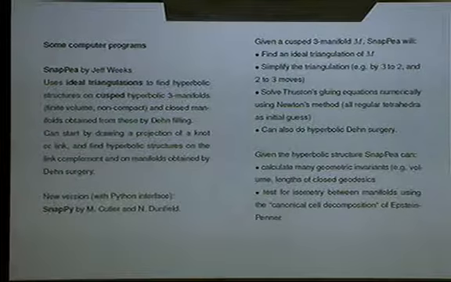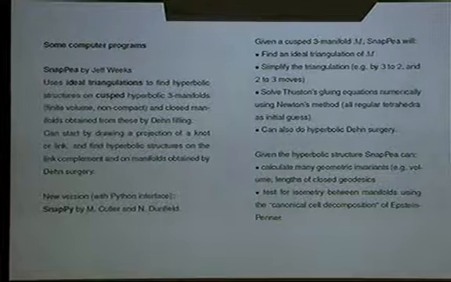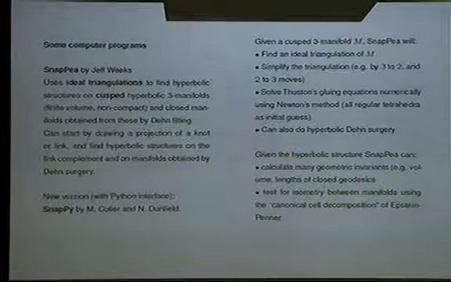Now, once you've got the hyperbolic structure, if this all succeeds, you have numerical descriptions of the shapes, the complex shape parameters for all the tetrahedra, and this actually tells you everything about the geometry. So in principle, you can start computing any kind of geometric properties that you like. For instance, you can find an exact description of the holonomy representation for the hyperbolic structure.